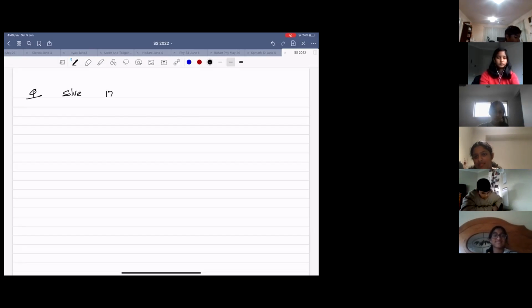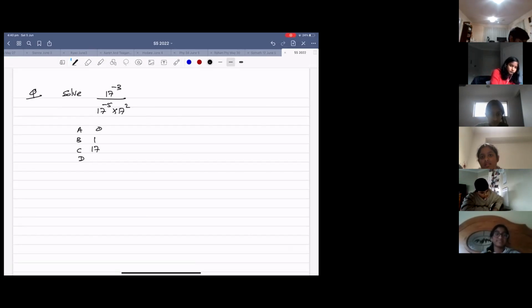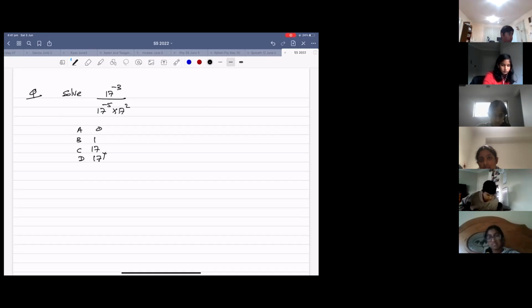Solve 17 to the power 3 times 17 to the power 5 divided by 17 to the power 2. Answer A, 0. Answer B, 1. Answer C, 17. Answer D, 17 to the power 4. Is it A?